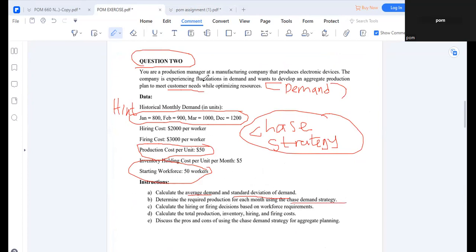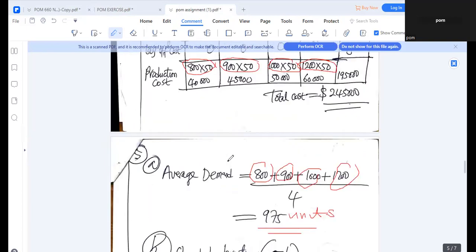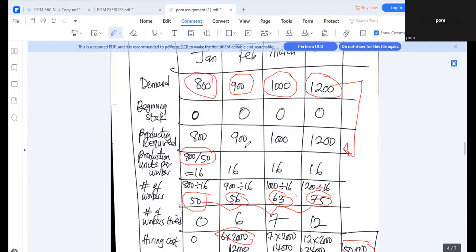The production here is already sorted out. These ones were required productions, here was for part B. Required production units were these ones. Using the chase, we are producing to meet demand. So these are the production units required.